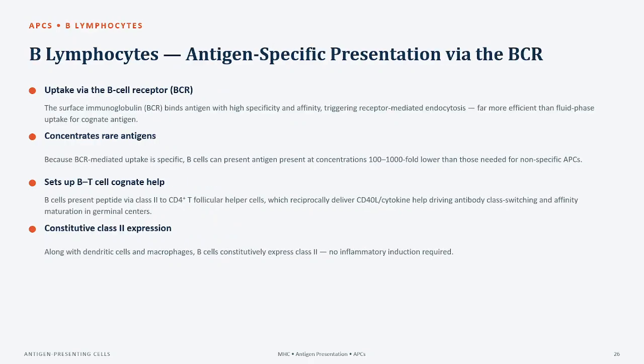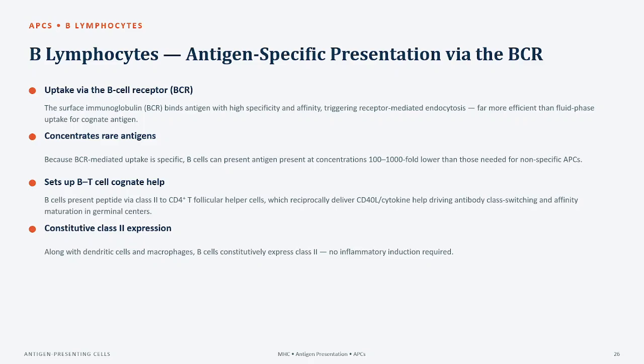The B lymphocytes do antigen specific presentation via the B cell receptors. The surface immunoglobulin, or the B cell receptor, binds antigens with high specificity and affinity. This binding triggers receptor mediated endocytosis, and the uptake via the B cell receptor is far more efficient than fluid phase uptake for the cognate antigens.